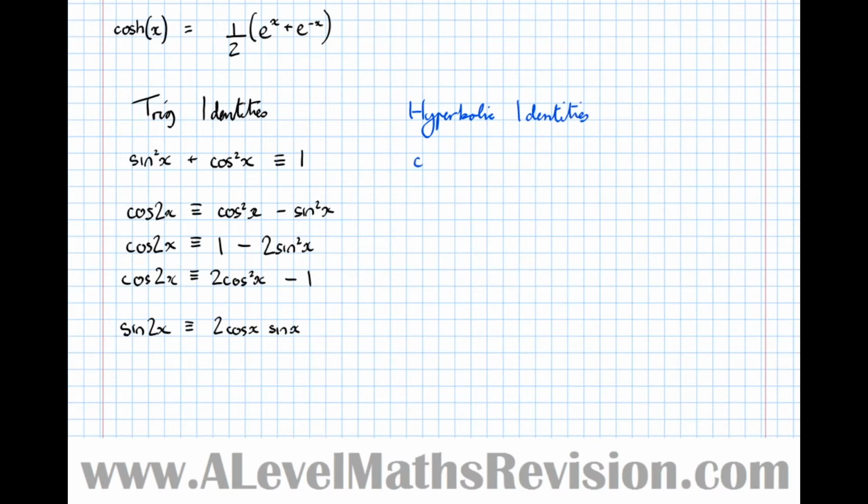So here we've got cosh squared x minus sinh squared x is identical to 1. Cosh of 2x is identical to cosh squared x plus sinh squared x. We've also got cosh of 2x is identical to 1 plus 2 sinh squared x.